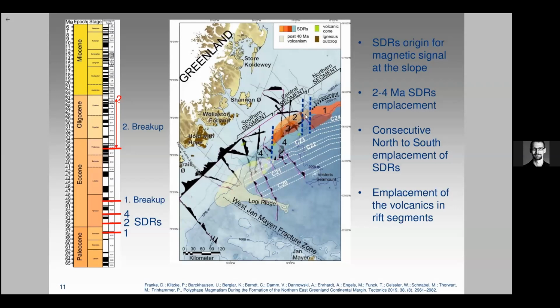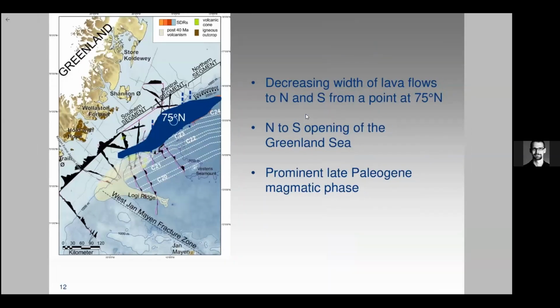Overall, if we combine all these SDRs, we have an image like this, and we propose a central injection center from the decreasing volumes of the SDRs to the north and south here. We already saw the pinch out of the magnetic anomalies that indicates a north to south opening of that portion of the Northeast Atlantic.